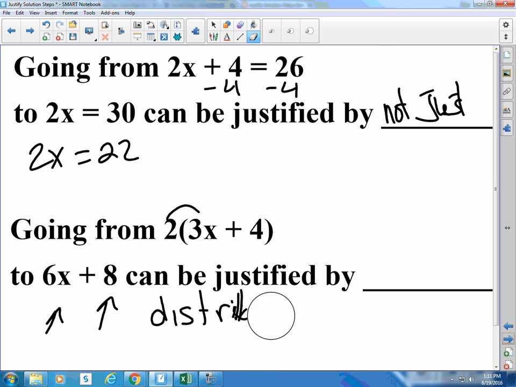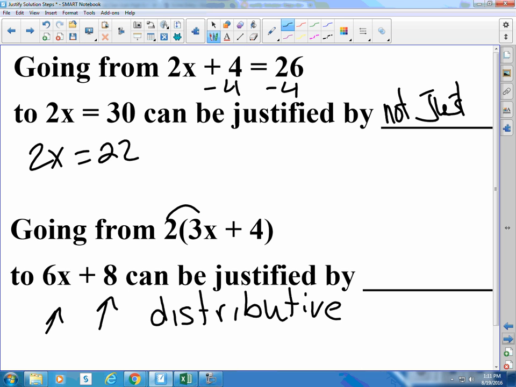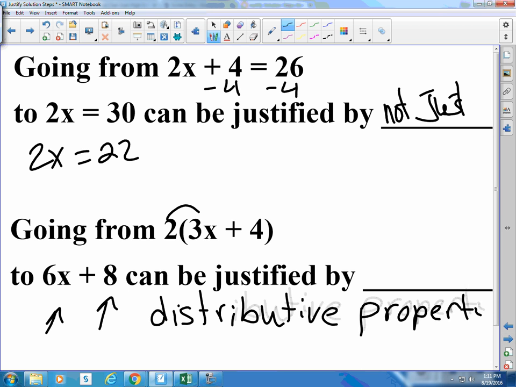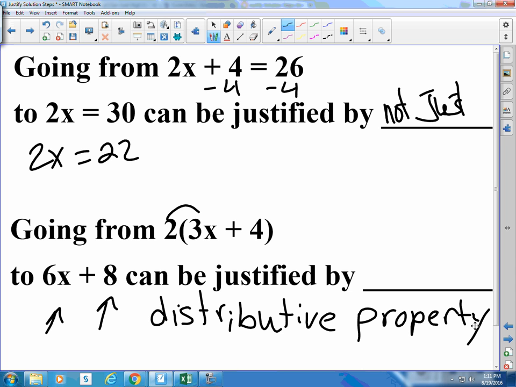Let's clean that up, sorry. So something that's done to both terms, we go ahead and do it to both terms. We distribute that multiplication through. Distribute.